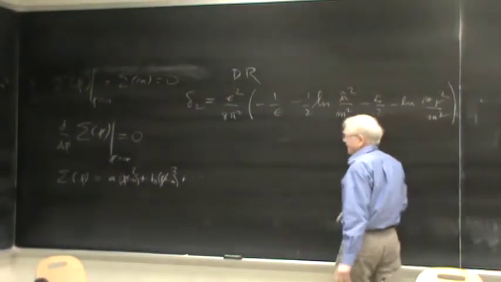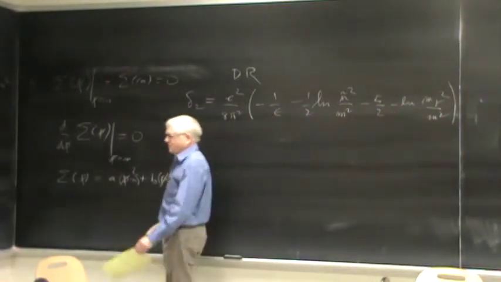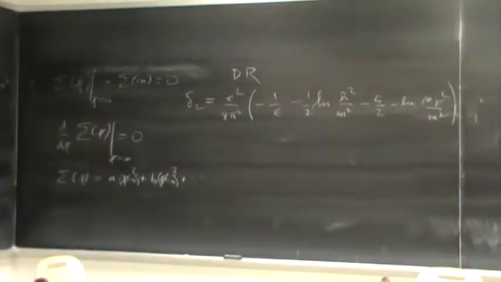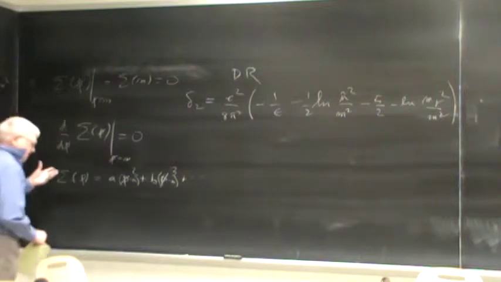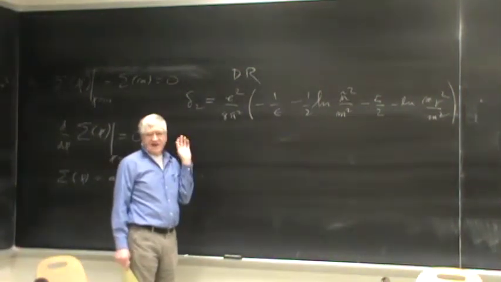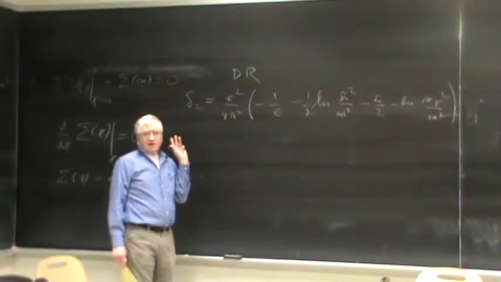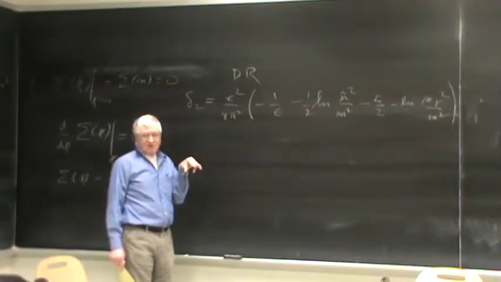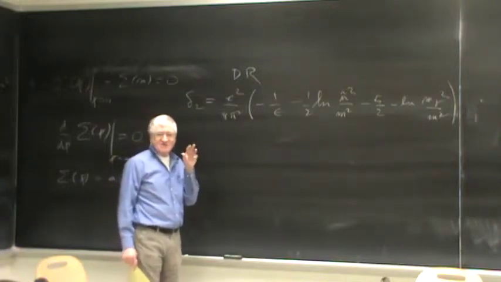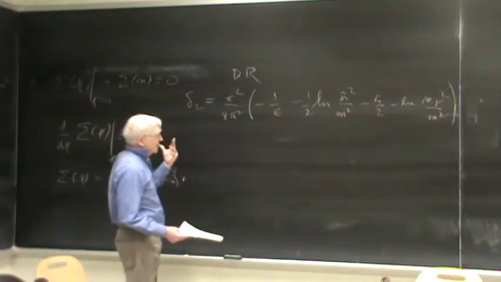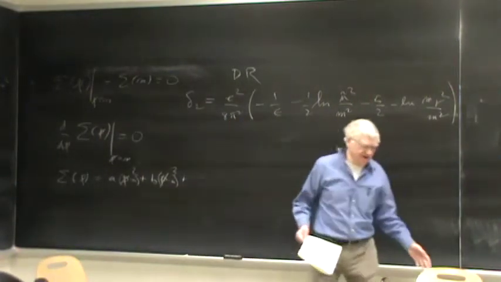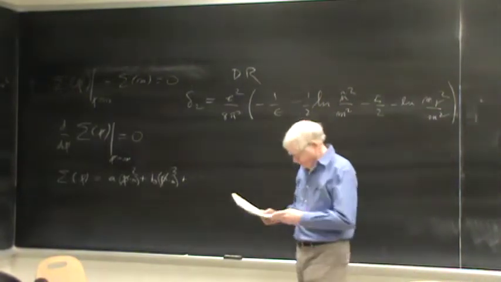Remember, this m gamma we put in to avoid an infrared singularity because we're not treating the soft photons correctly. In other words, the fact is that low energy photons are very cheap. And so you're going to have them everywhere in these diagrams. And if you treat them properly, then you'll cancel the infrared divergence.